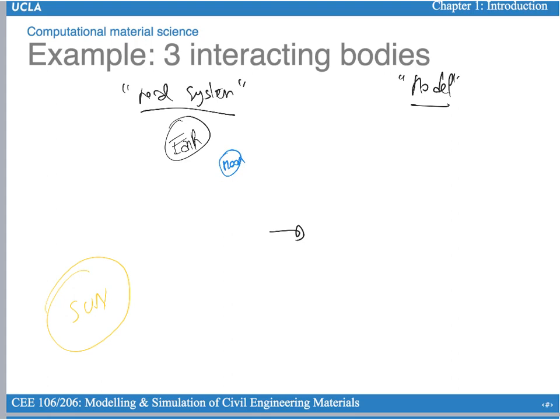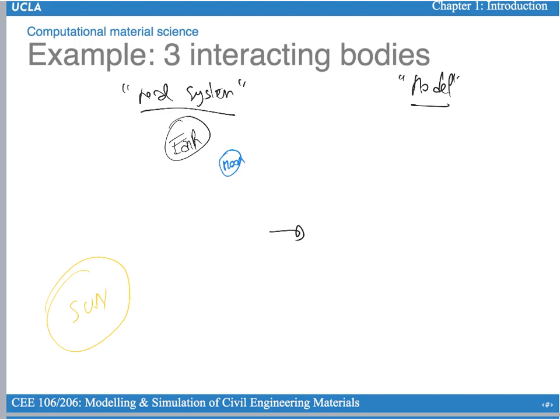So you can have different types of model with different degrees of complexity depending on how you are planning to solve and to study the dynamics of those three bodies. If you are planning to conduct a simulation or to calculate analytically the dynamics of those three bodies, you will need different degrees of simplification.